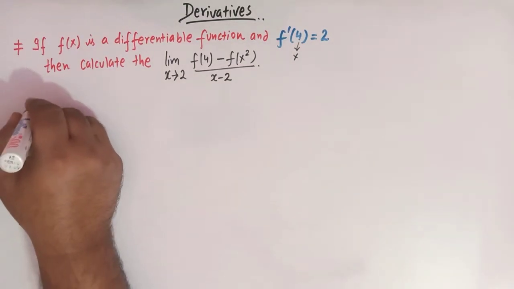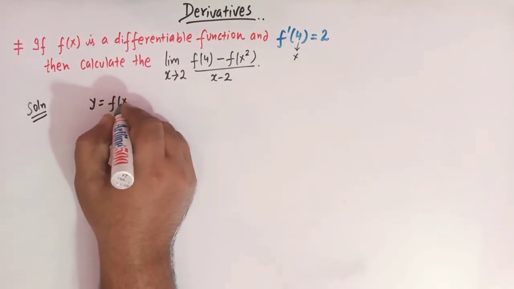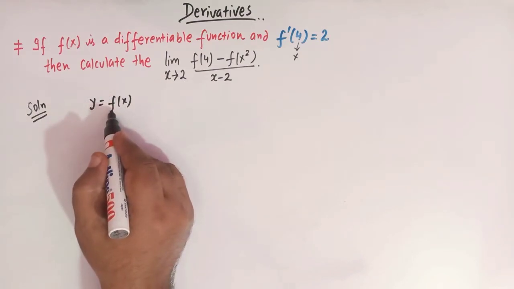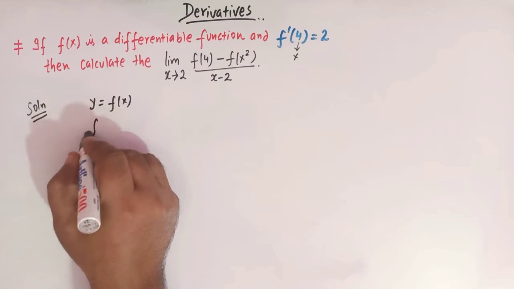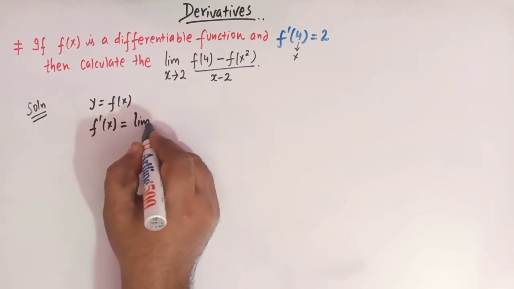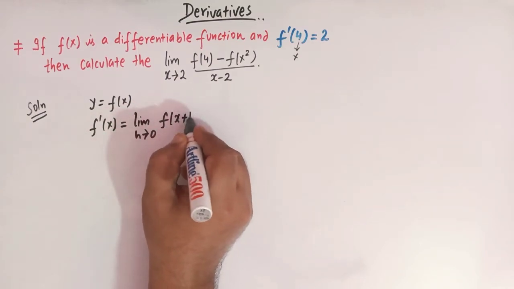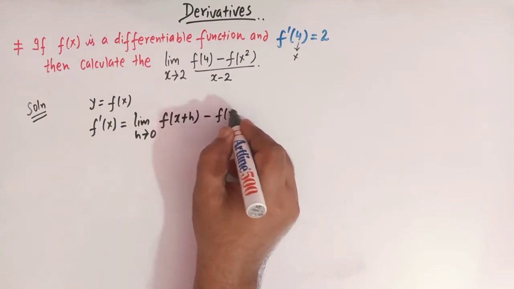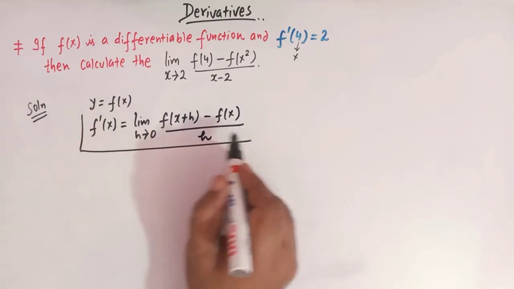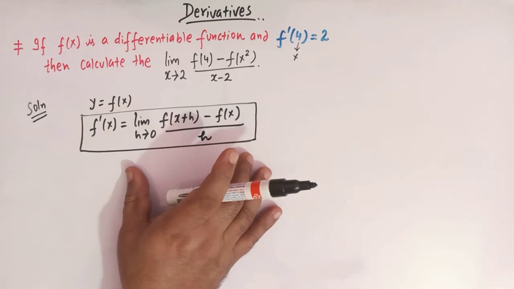We know that if we have a function y is equal to f of x, then the derivative of f with respect to x is defined by this limit: limit h tends to 0, f of x plus h minus f of x divided by h. So we have to make use of this definition.